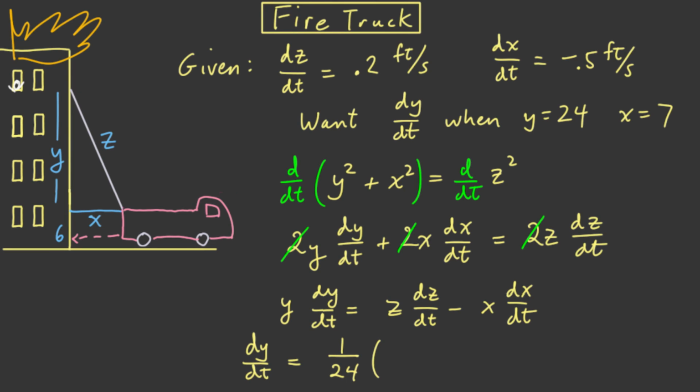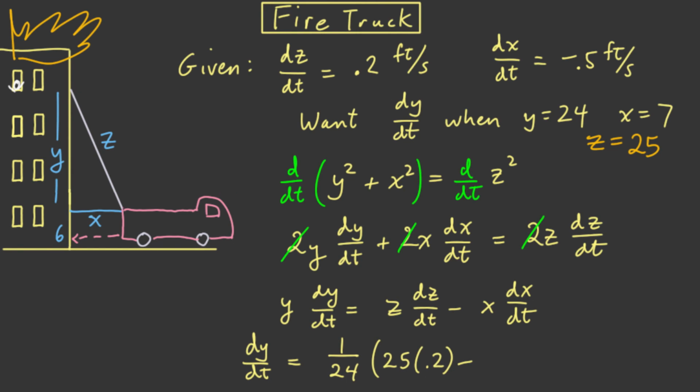So z, well, we don't have z written down yet, but we do know that at this moment that we care about, y is 24 and x is 7, so we can just use the Pythagorean theorem. And if you do that, you'll get that z equals 25. So I'll put that down here, and then dz dt we know is 0.2.